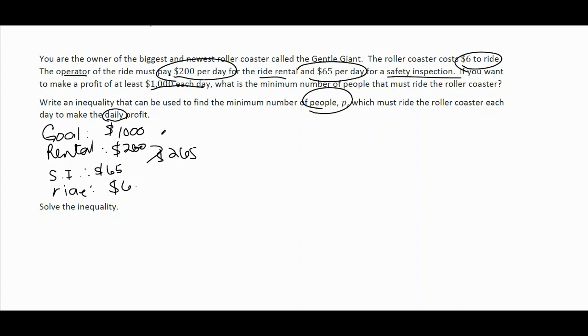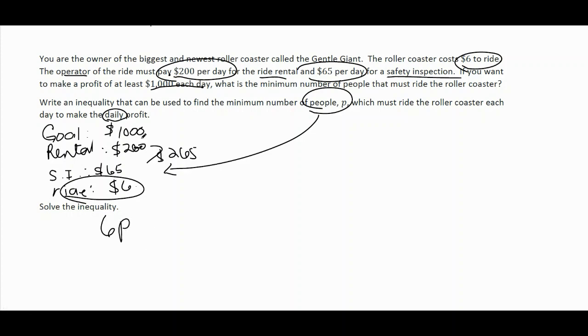The most reliable thing that we can relate the number of people to among these givens is how much the ride costs, because it's the person who needs to pay that amount, and that is the only way we can find how many people need to ride the roller coaster to achieve the goal. So writing an inequality, we're going to multiply 6 and P.